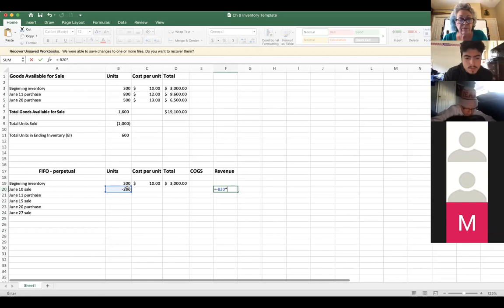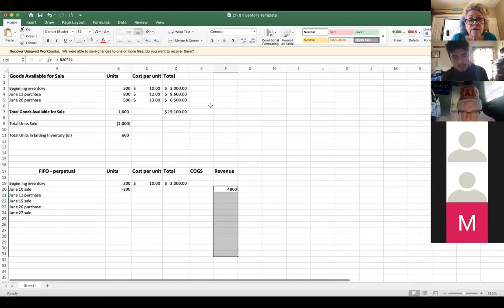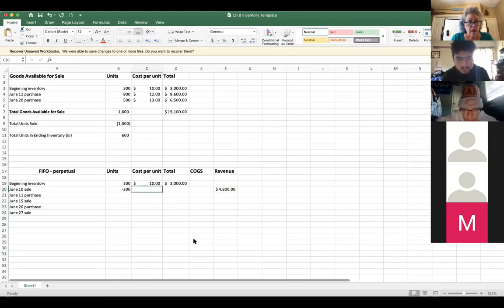What was my selling price? $24. Times 24. Now I'm hard coding here. Shouldn't be. I should have an information box, so just forgive me. So my revenue was $4,800. Now, what was the cost of goods sold?